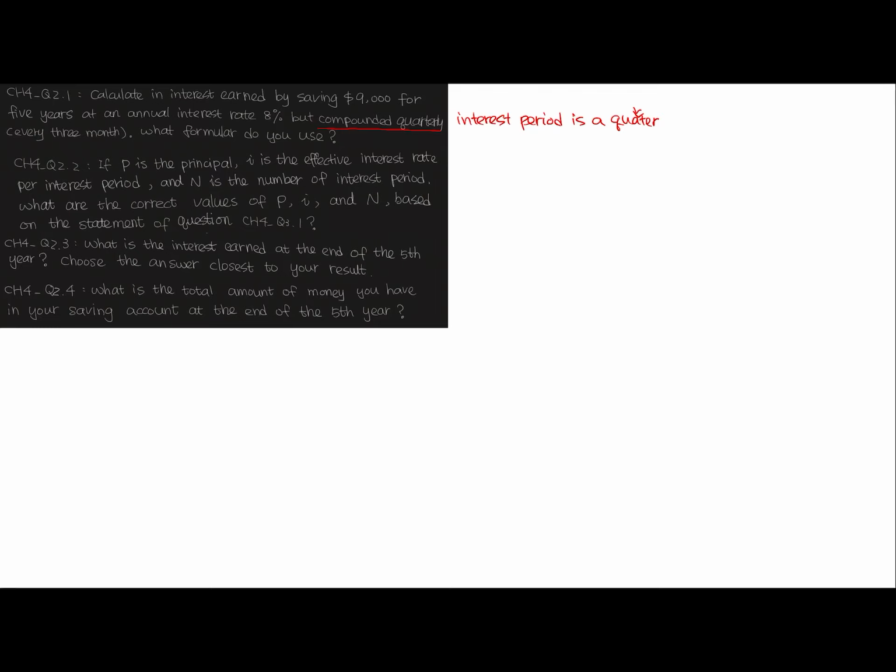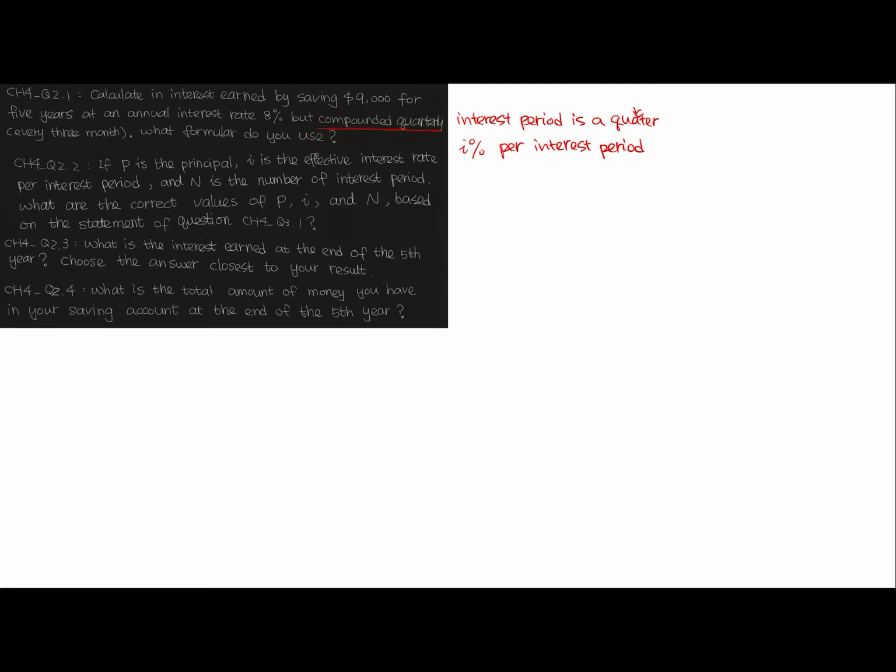Okay, it's not a year. So you have to do some conversion about the interest rate per period, because every time in the formulas, the interest rate you want to use is the interest per interest period, not just the annual interest or the nominal interest you're given. Okay, so that's the tricky part of this class.